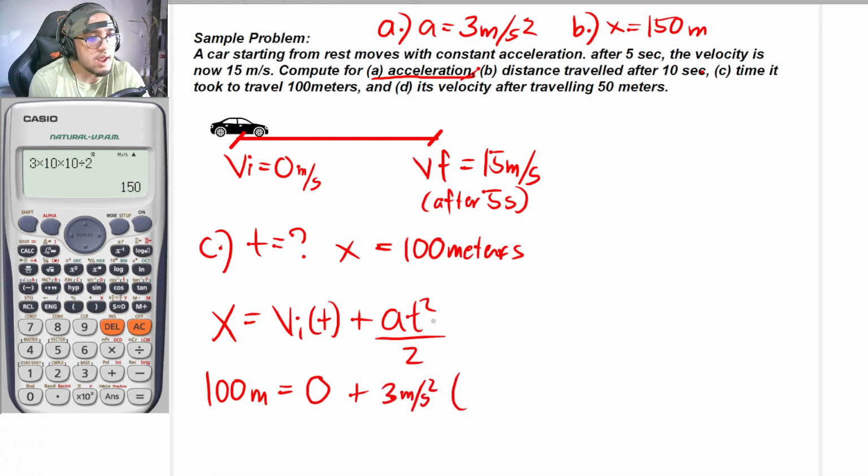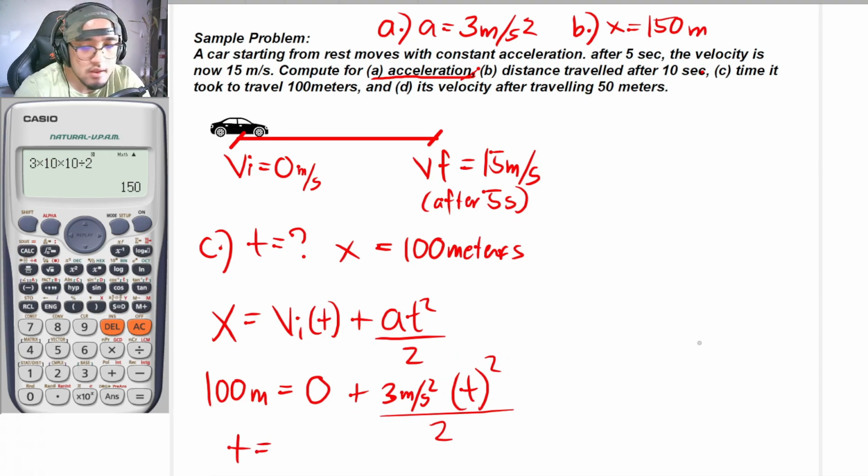And for the time, that is the one unknown, divided by 2. So solving for t, take note that your t is squared, so your answer is either positive or negative. However, we cannot have a negative answer because we cannot have a negative time. So 100 meters times 2 divided by 3, square root.